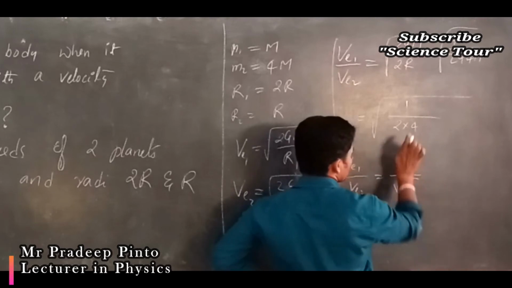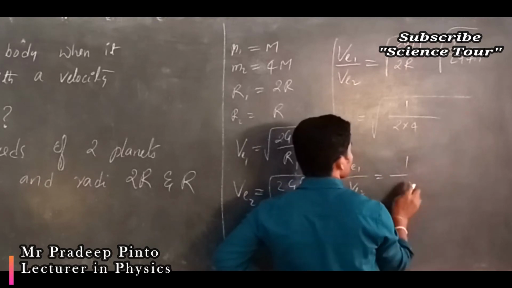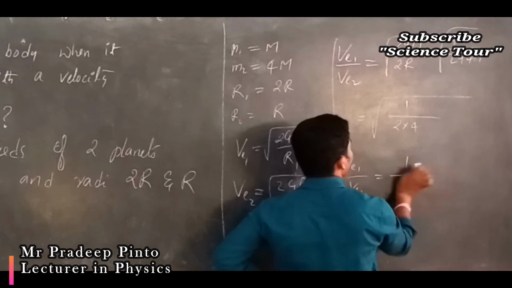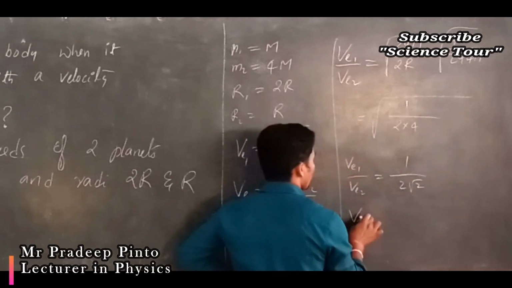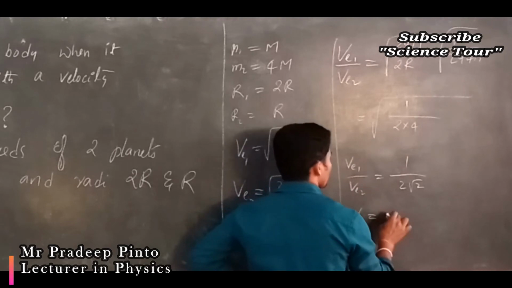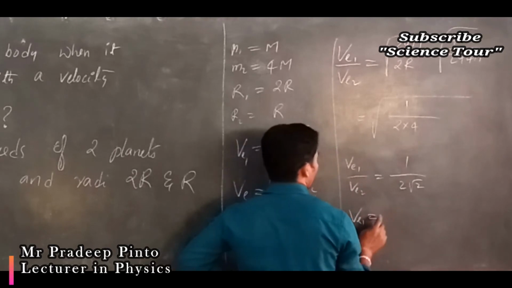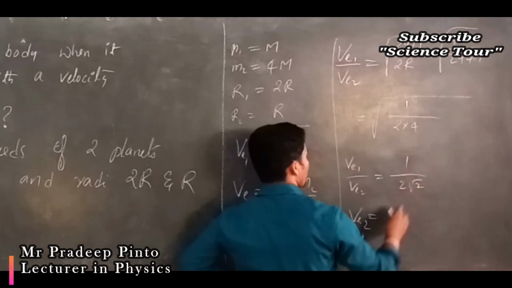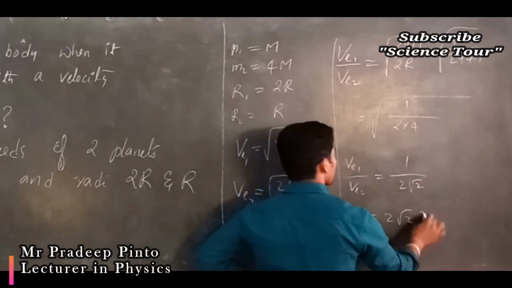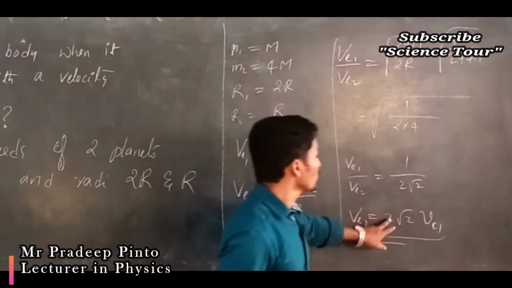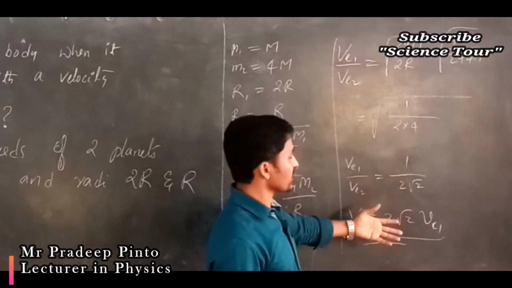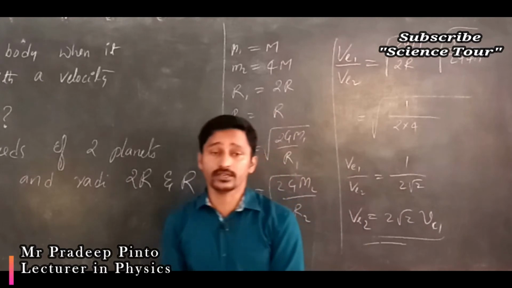Root 1 is 1, root 8 is nothing but 4 into 2, 4 outside means 2, that is 2 root 2. So VE2 is 2 root 2 times VE1.